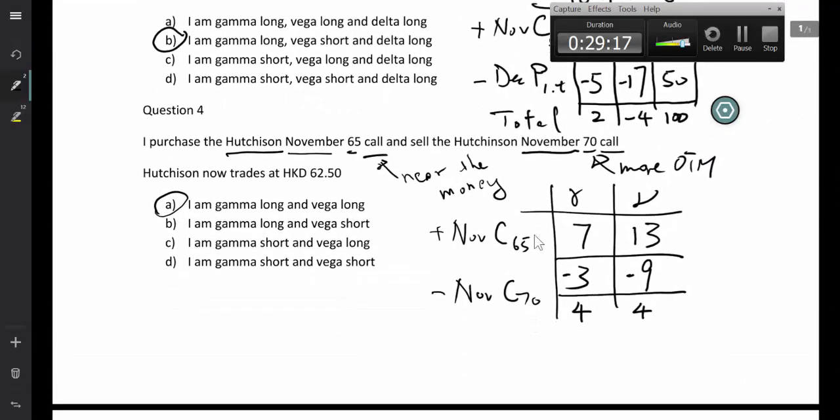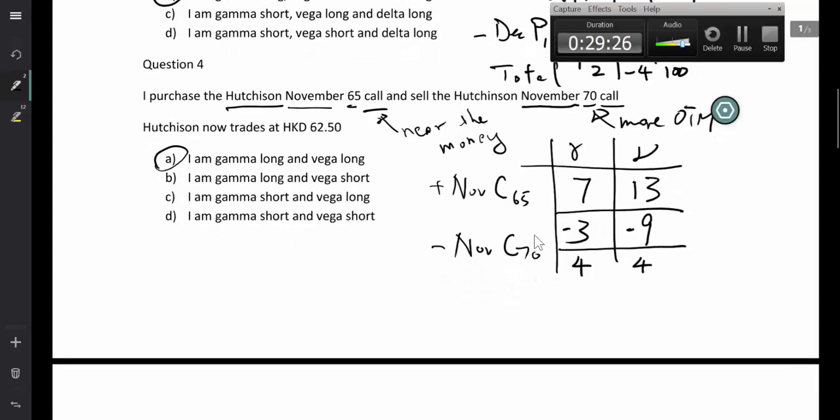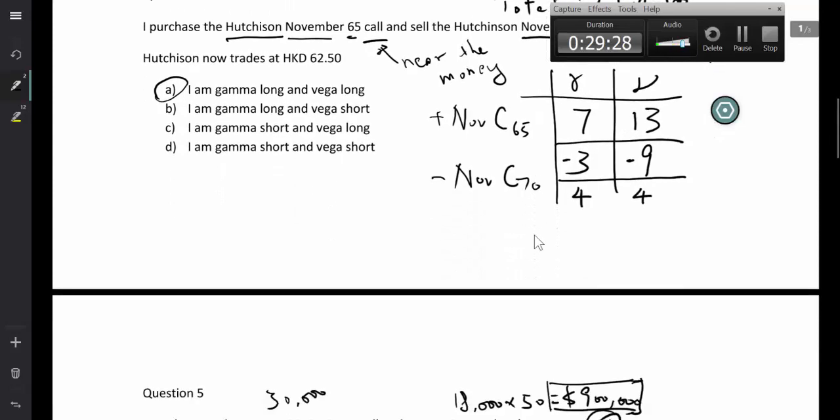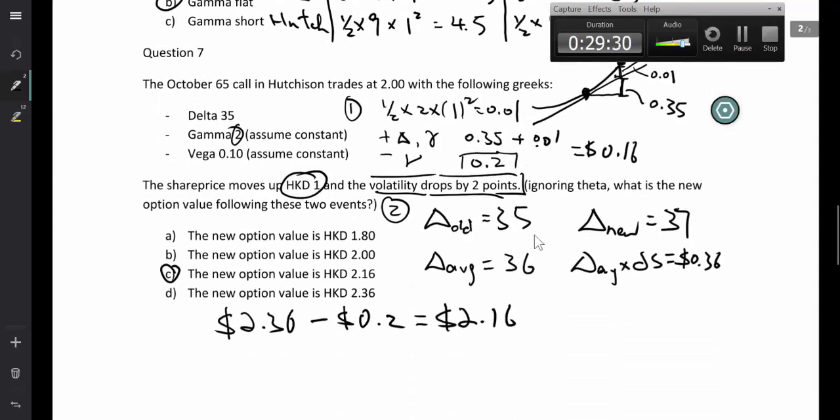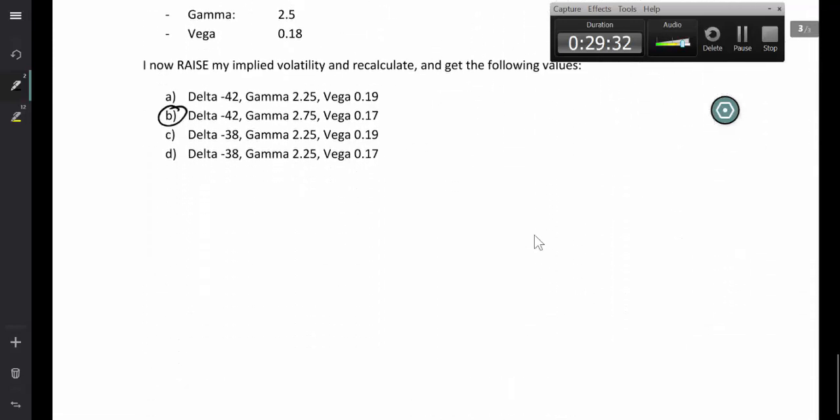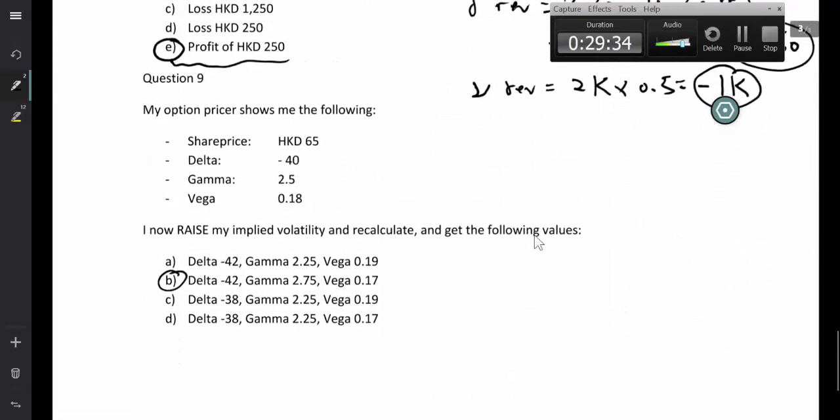Like here, for example, the gamma of 7 and then -3. These numbers I made them up for a kind of relative or comparative analysis in my head, so I become clear on the direction. In this question, they are actually kind of forcing you to do that, which I think is good.